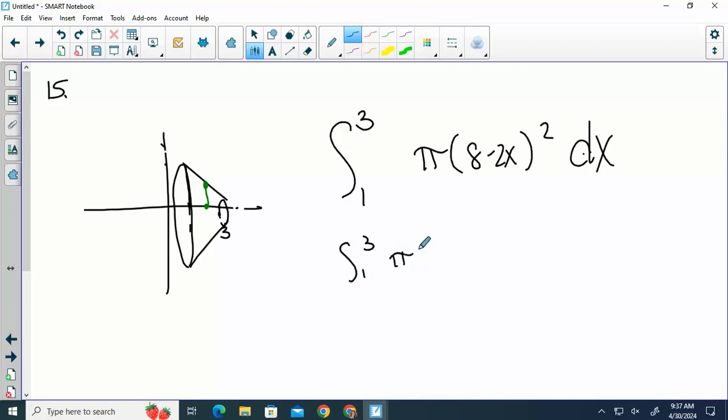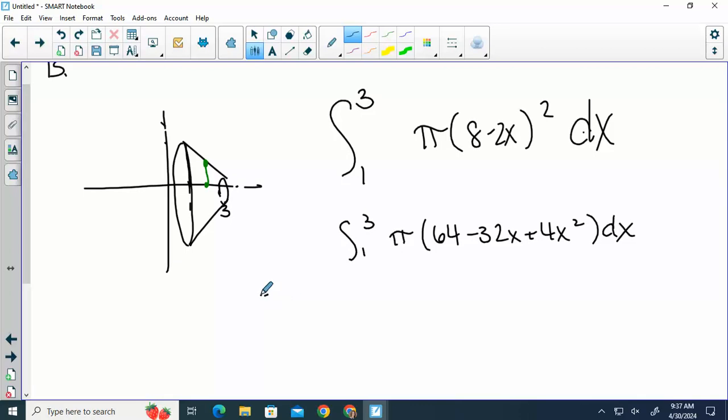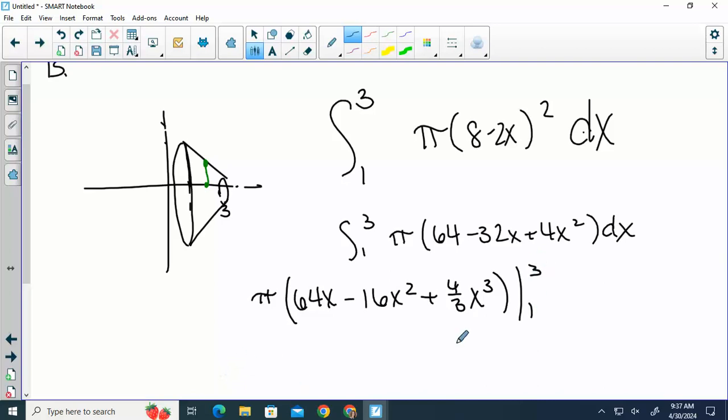So if we FOIL that out, antiderivative, then that would be 64x minus 16x squared plus 4/3 x cubed from 1 to 3. And then for the sake of time, I'm not going to work that out, but you plug in your 3, you plug in your 1, subtract them, and that gives us 104 pi over 3. Are we okay on those?